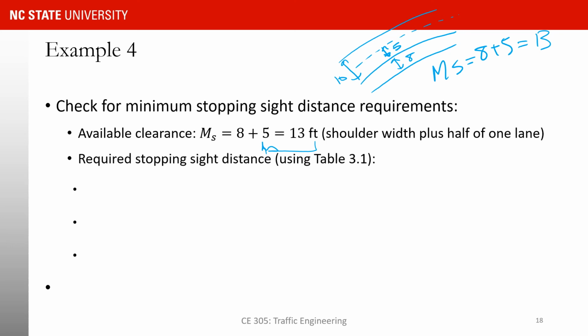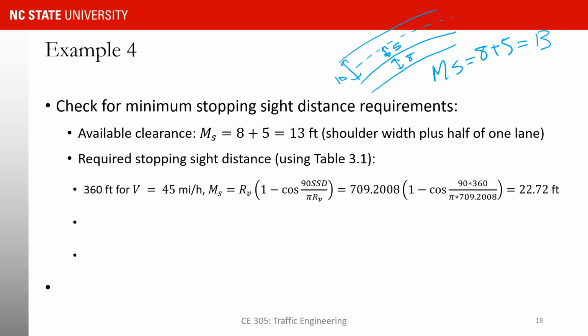So let's go to table 3.1 again and find the required stopping side distance for a speed of 45. Why do I start from 45? Because 45 was the highest speed that I could go from vehicle cornering capabilities perspective. So if I go with the speed of 45, my stopping side distance is gonna be 360.